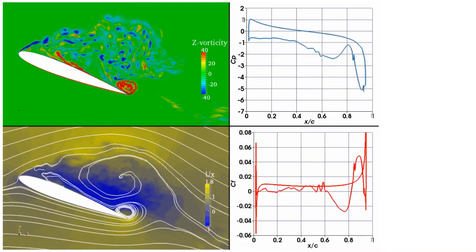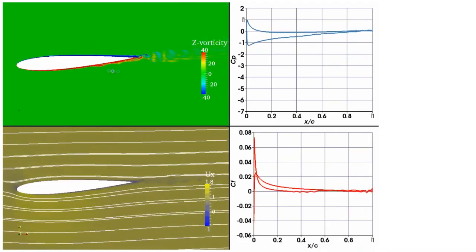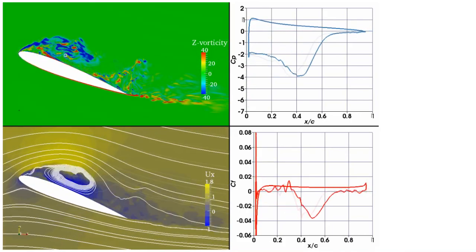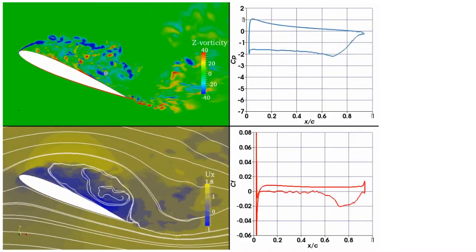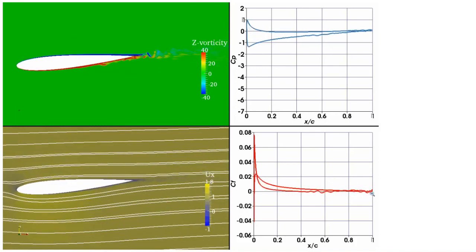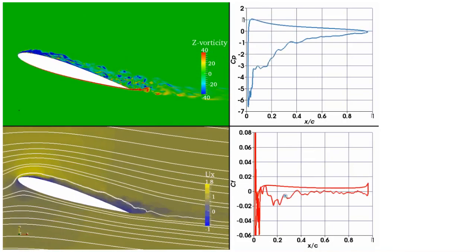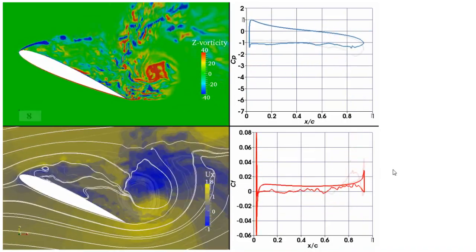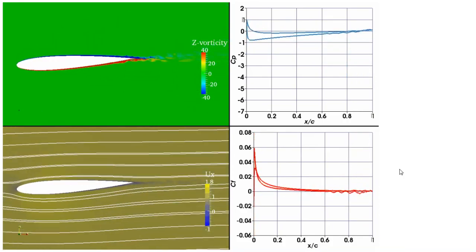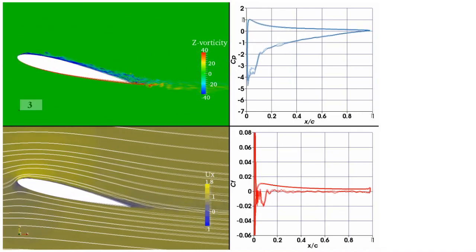When the angle of attack is higher than a certain value, you can see that as it increases, the vortex formation increases, so there's more turbulence, and that's why you see these higher fluctuations on the friction coefficient of the airfoil, because the vortices, when we have turbulence, are the primary generators of friction in this case.